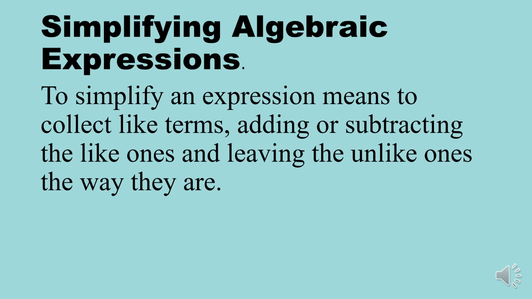To simplify an expression means to collect like terms, adding or subtracting the like ones and leaving the unlike ones the way you are seeing them. Once you've collected the like terms and come to terms that are unlike, that is going to be your solution. You cannot go any further.